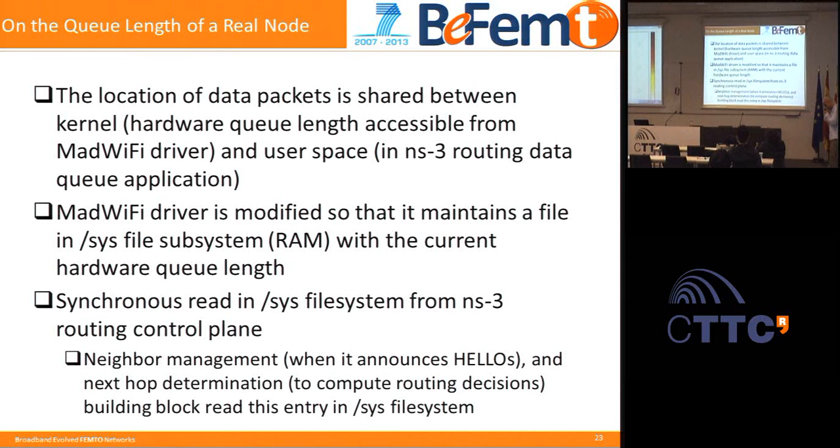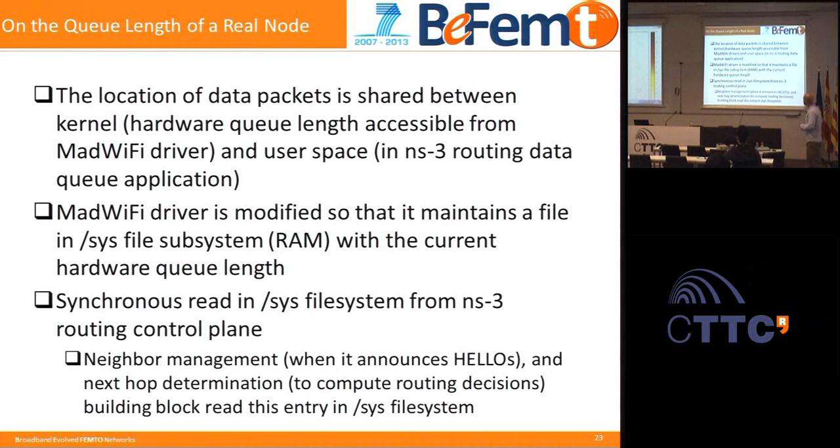Another issue that we had to deal with when we implemented the routing protocol on the testbed was the fact that we have two queues, one located on the hardware and one located on the application. How do we deal with that? We need the total queue length of the node in order to take routing decisions.